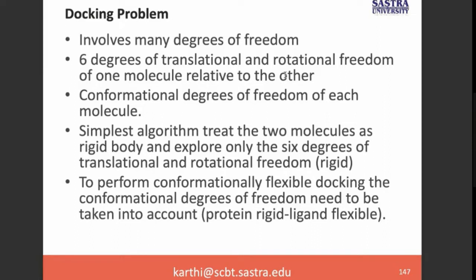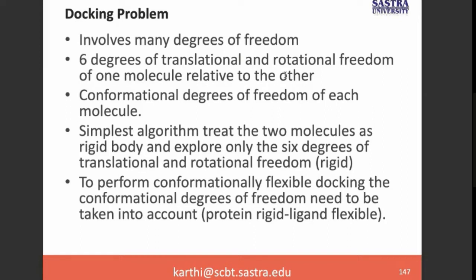Now you have to think of 3 translational degrees of freedom, simultaneously 3 rotational degrees of freedom, and simultaneously n conformational degrees of freedom. So the complexity of the algorithm increases.